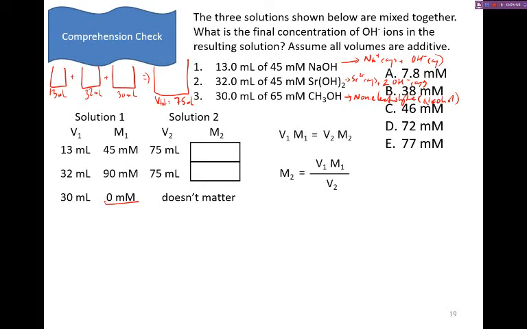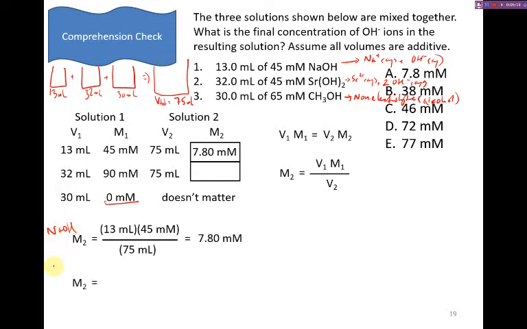We can rearrange this equation, the dilution equation, and plug in our values for each set. And this was for our sodium hydroxide. And for our strontium hydroxide, we have to make sure we are accounting for the 2-to-1 ratio of strontium hydroxide to hydroxide to get us 90 millimolar.